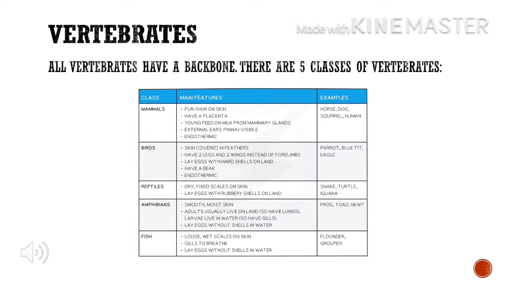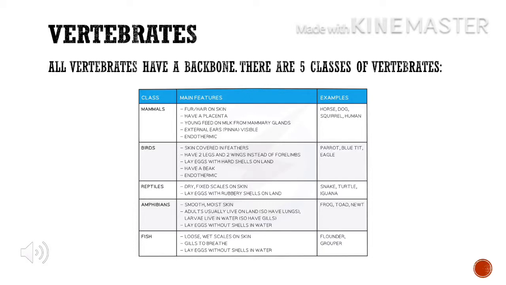Next, class amphibians. They have smooth, moist skin. Adults usually live on land, so have lungs. Larvae live in water, so have gills. They lay eggs without shells in water. Examples: frog, toad, newt.